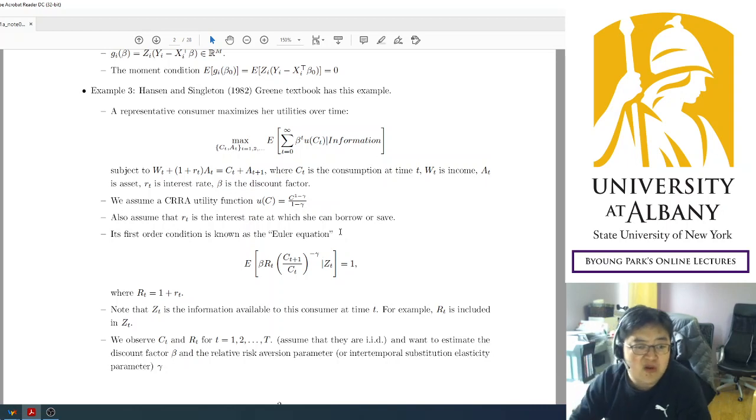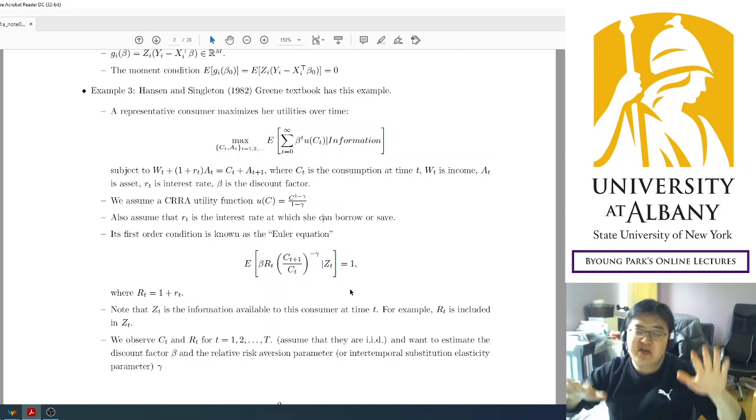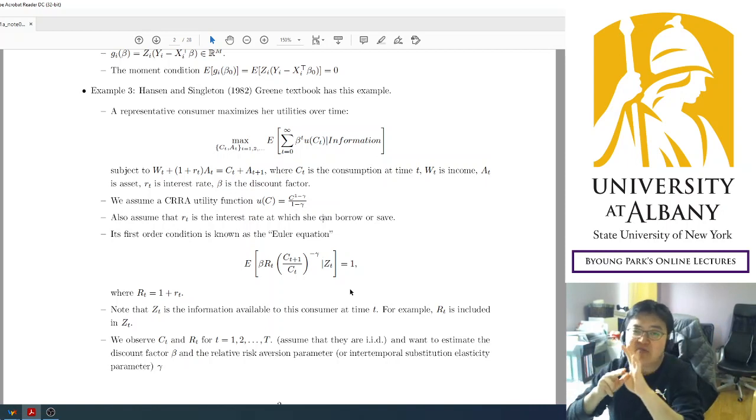The Euler equation implies the intertemporal substitution rate. So you have to balance the marginal utility today and the expected marginal utility tomorrow, considering the interest rate and the discount rate. So as a result, the Euler equation is given by this form.